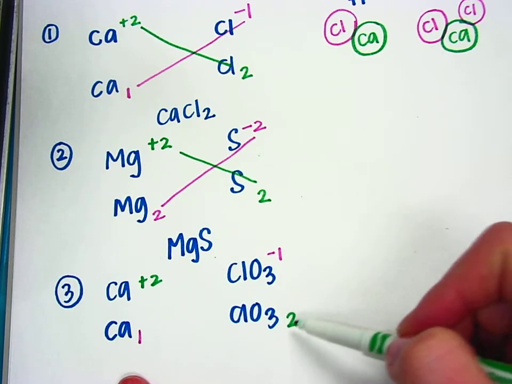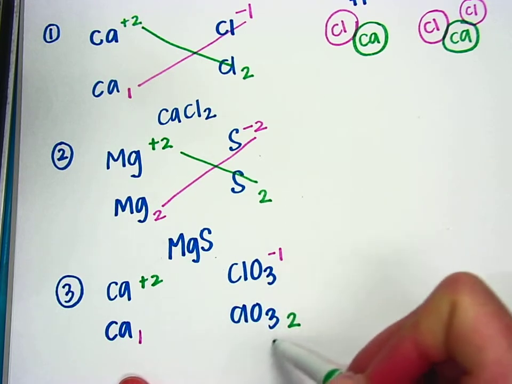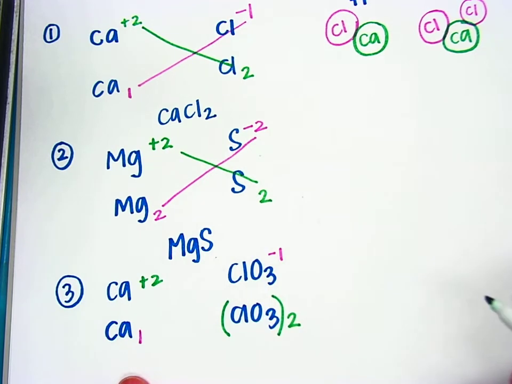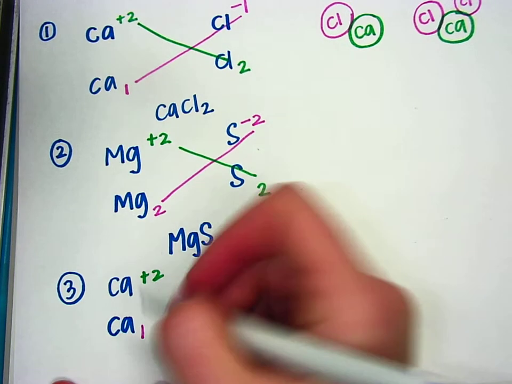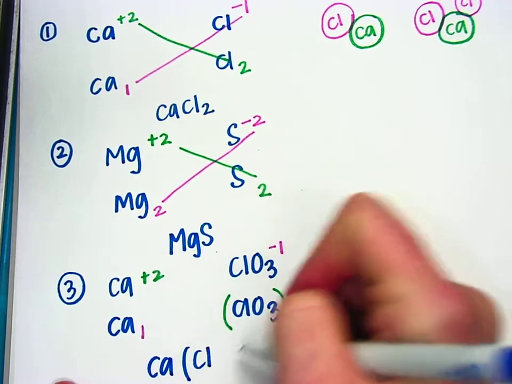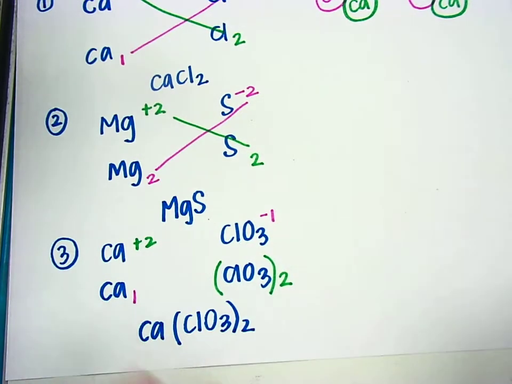If there's a number down here, that amount is going to belong to everything next door to it. So to show that, you're going to need to add parentheses. So when I write this out, it will be Ca(ClO3) with a 2. And that 2 shows that it goes to everything next door.